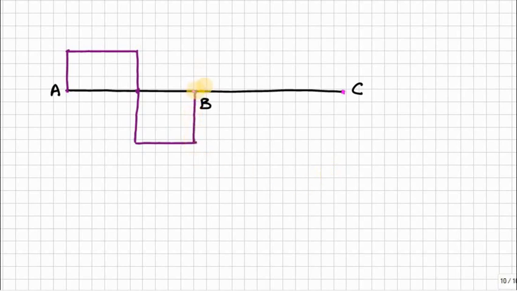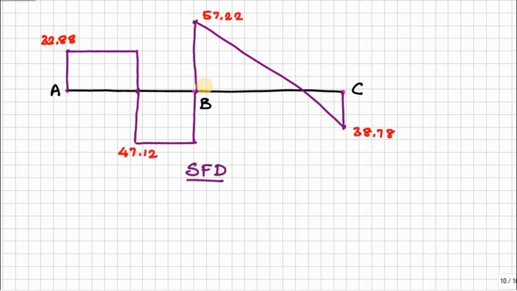Now again up as RB1 goes up, then RB2 again goes up. Then for the RC value we can specify here. Then these two points we can join because of UDL only. Now this inclined portion is linearly varying. So this is the shear force diagram.